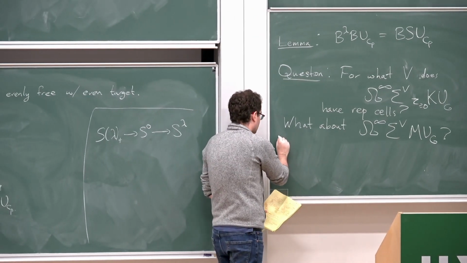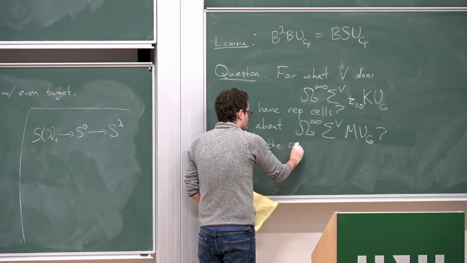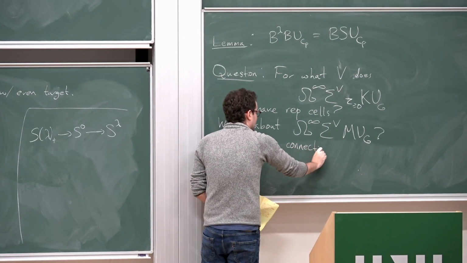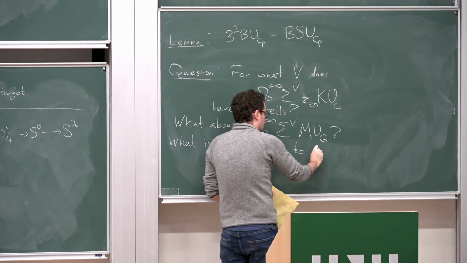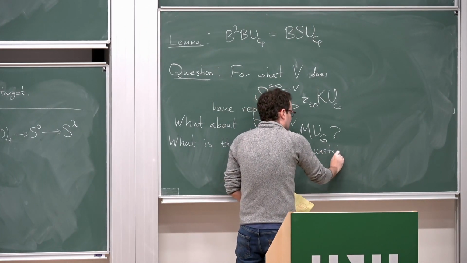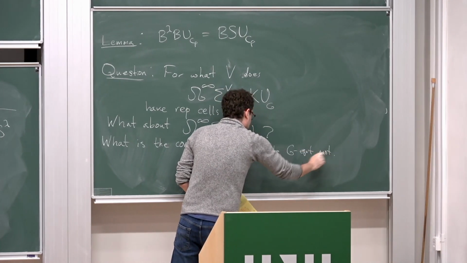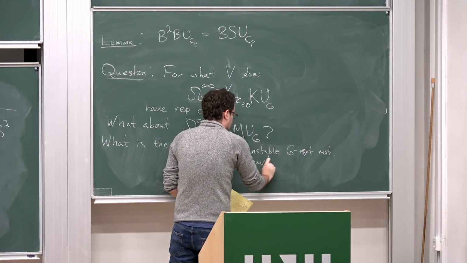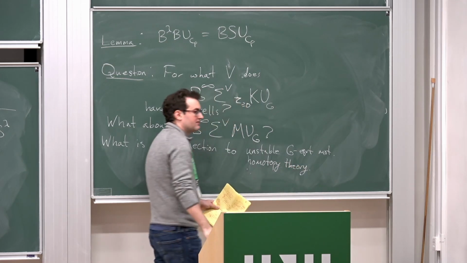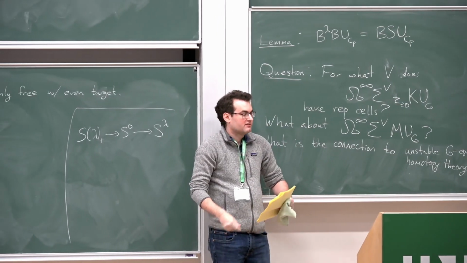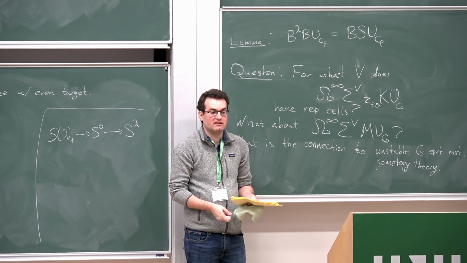And then maybe what is the connection between the kinds of things that some of you might recognize me hinting at here and unstable G-equivariant motivic homotopy theory, which again is an already existing notion and that we can feel very happy about when we connect to, as a sense that we're sort of doing something very sensible.